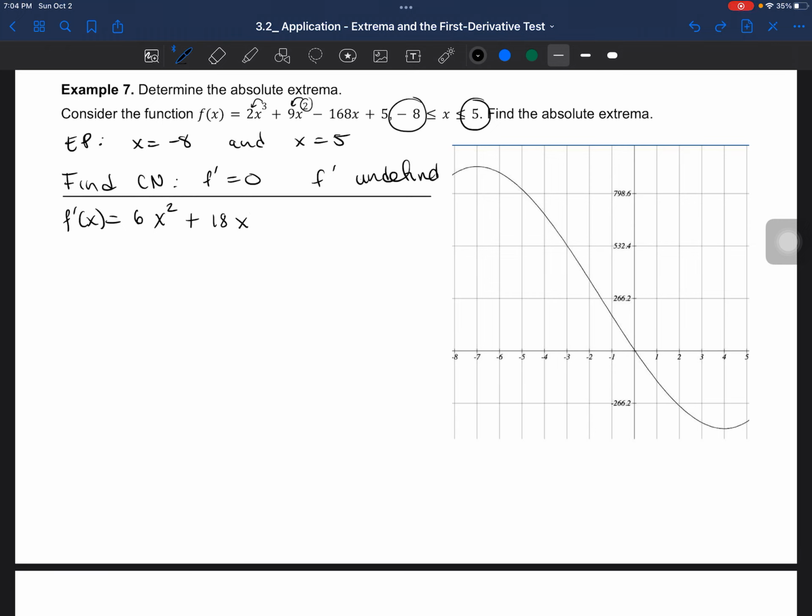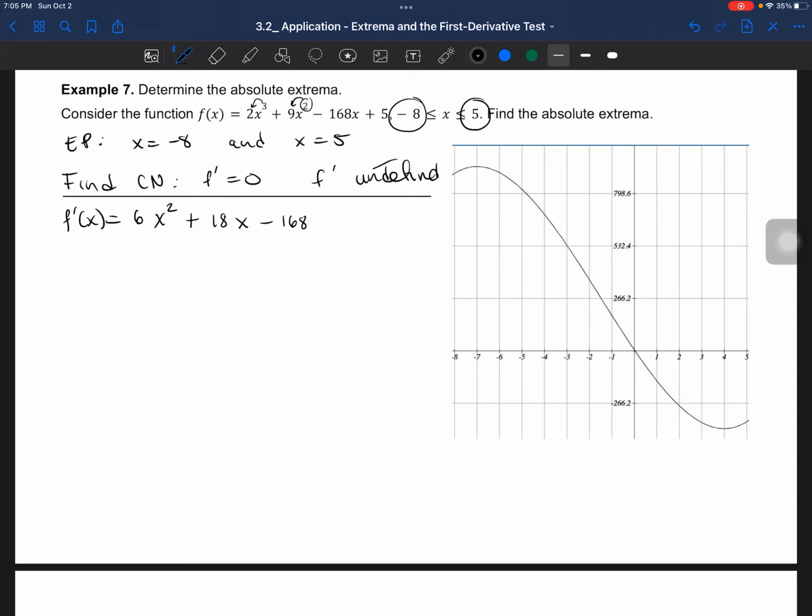That gives us 2 minus 1 is 1, but we're not going to write it down. Then minus 168 times x, which is just 168. Remember, we just dropped the x. And the derivative of plus 5, a constant term, is 0, so we're not going to write it out. So there you go, we found the derivative.